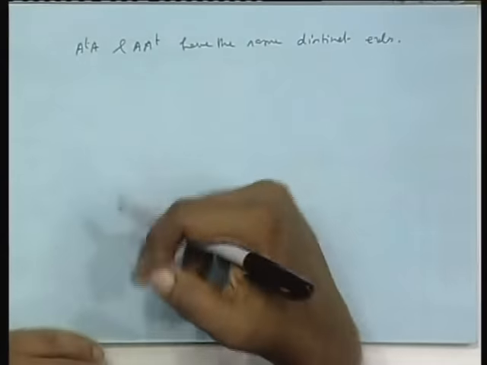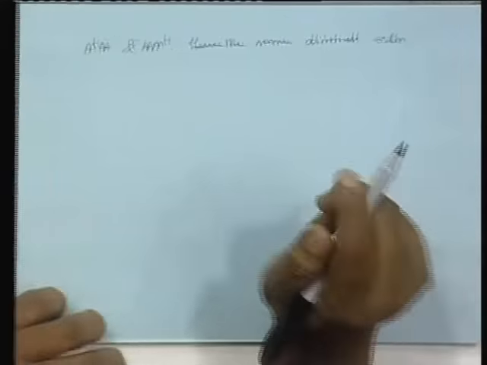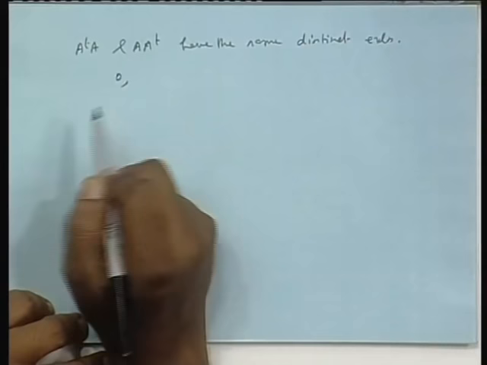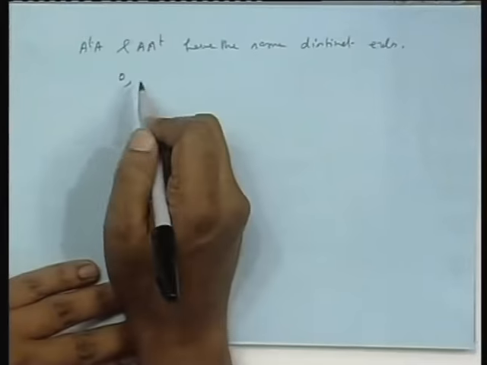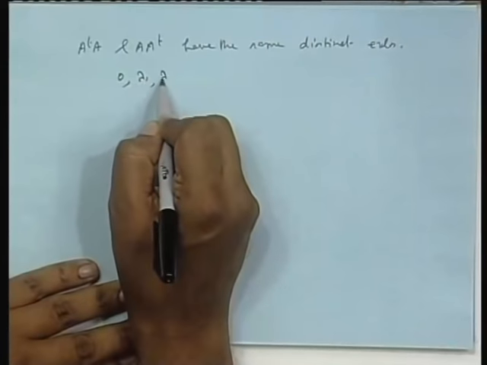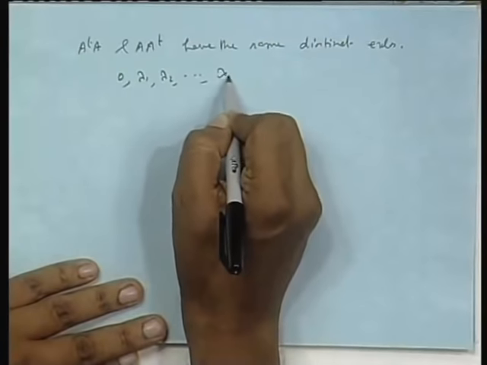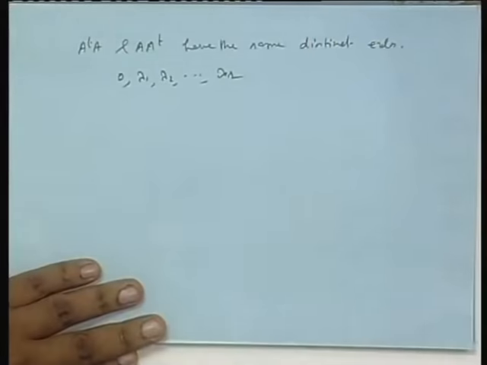Eigenvectors are different, one of length n, another of length m, totally different, but their distinct eigenvalues could be like this. One could be 0, so I am keeping a provision of 0 eigenvalue, and then lambda 1, lambda 2, dot dot dot lambda r. Okay.